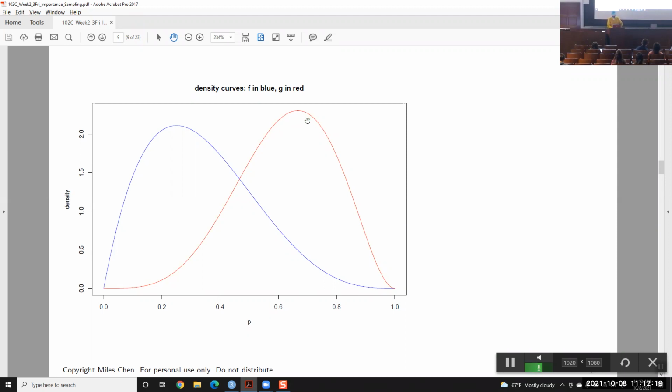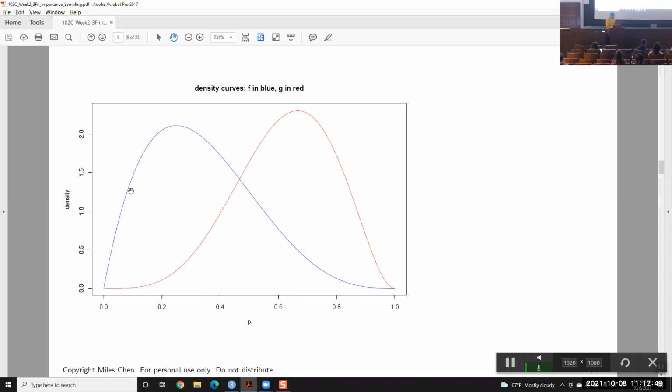We're getting too many values around 0.7 compared to the blue. How often does the blue distribution produce 0.7? Not very often. How often does the red one? Way too many. So whenever you see a 0.7 come along, you go, we're going to dial down your importance. You're not as important because we have too many of you.